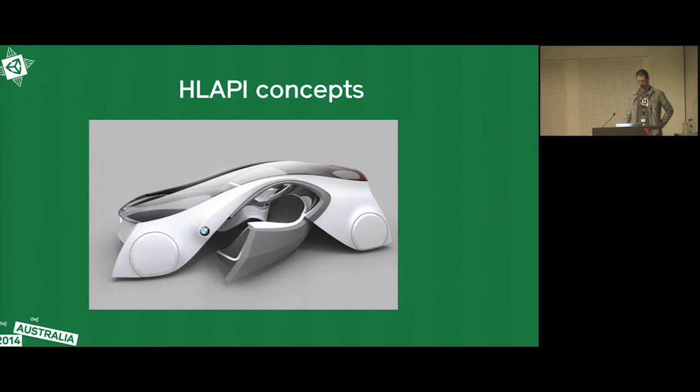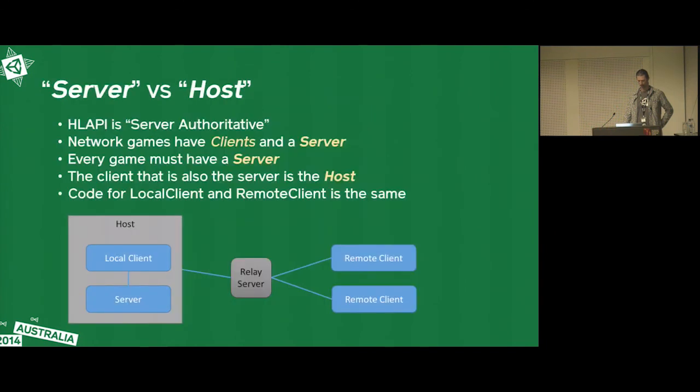Okay, some high-level API concepts. So this is just vocabulary to help us as we go through the rest of the presentation, the demo. So the high-level API is server authoritative. So every game has to have a server and can have clients. But when there's no dedicated server, one of the clients is also a server. So we call that process the host.